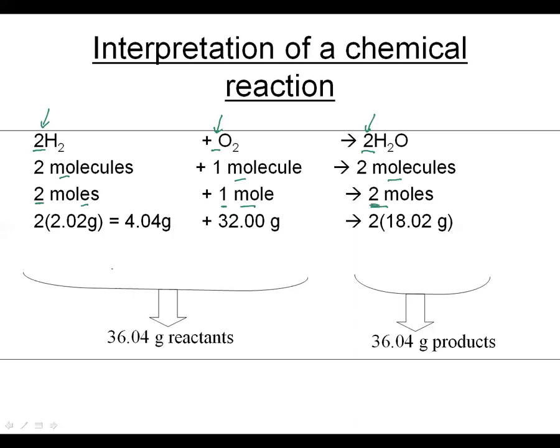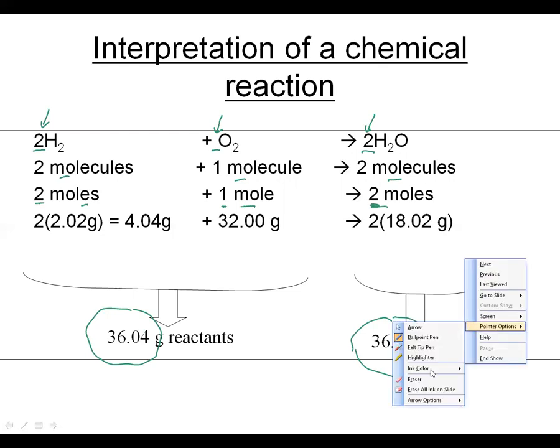There's a conservation of mass, which means if we use 36.04 grams of reactants, which is our starting material, we should also get 36.04 grams of product out. Now, in stoichiometry, for the most part, the relationship that we use is what is referred to as the mole-to-mole relationship.